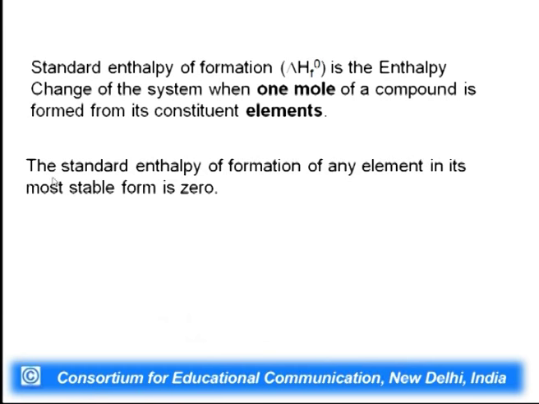Now, the standard enthalpy of formation of any element in its most stable form is 0. For example, delta H formation for oxygen in a gaseous state is equal to 0, because oxygen generally exists in O2 form. Delta HF naught for ozone is equal to 142 kilojoule per mole.